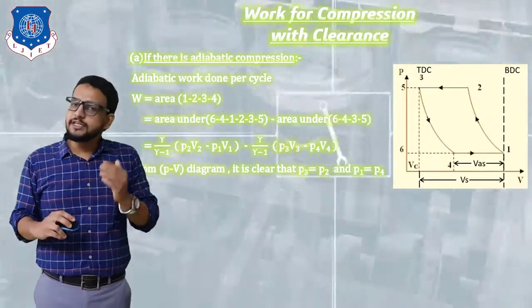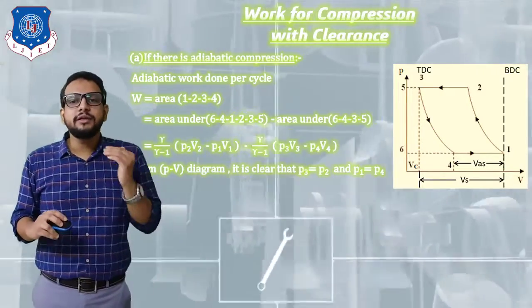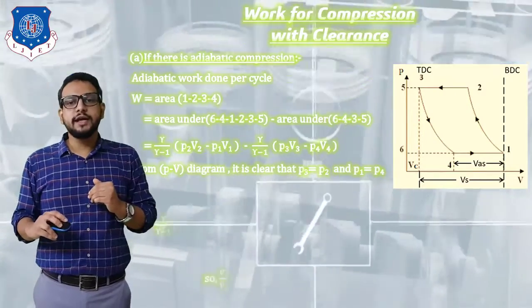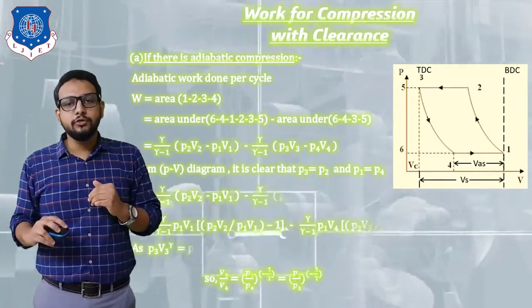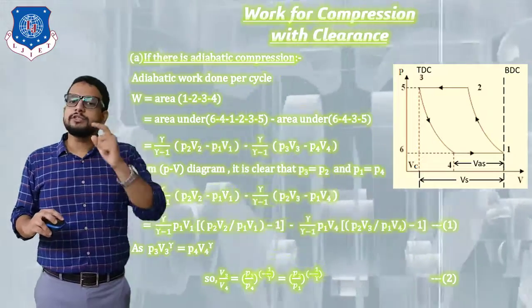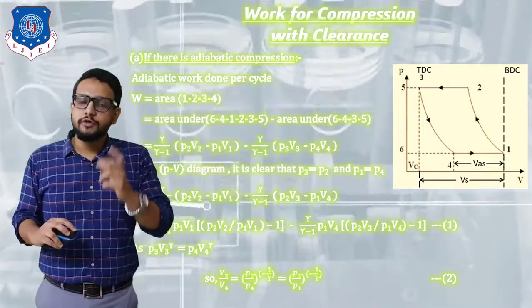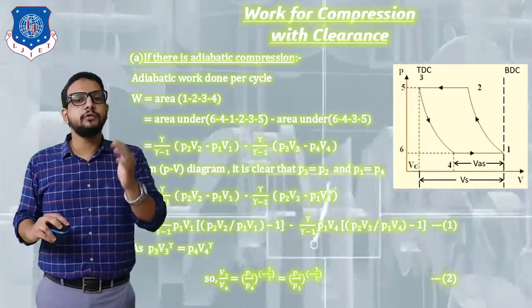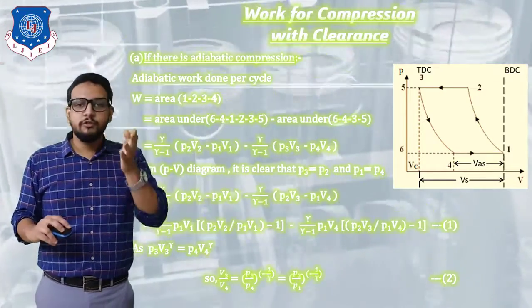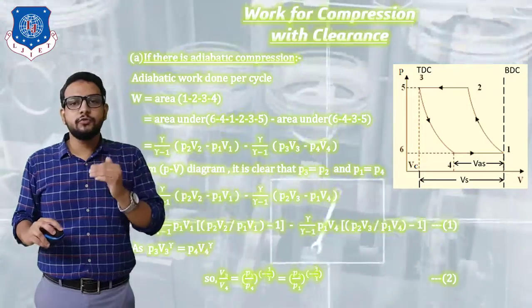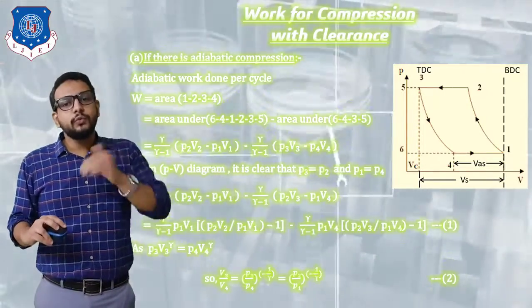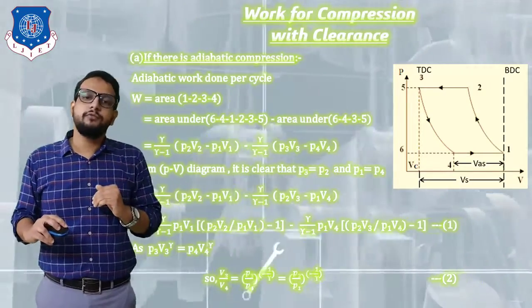Now from the PV diagram it is very clear that P3 is equal to P2 and P1 is equal to P4. So in our next step I am going to place P2 in place of P3 and P1 in place of P4. So the final equation is W equal to gamma upon gamma minus 1 P2 V2 minus P1 V1, which is our work input for the area 6, 4, 1, 2, 3, 5, minus gamma upon gamma minus 1 P2 V3 minus P1 V4.